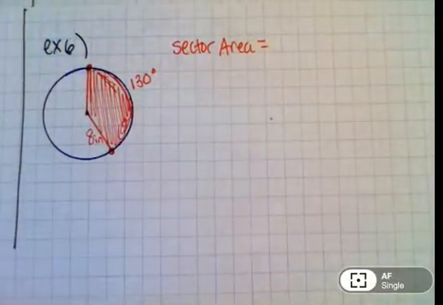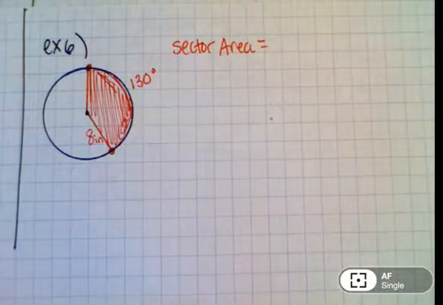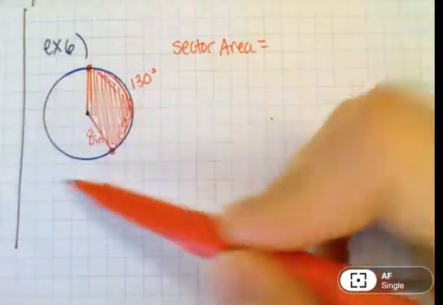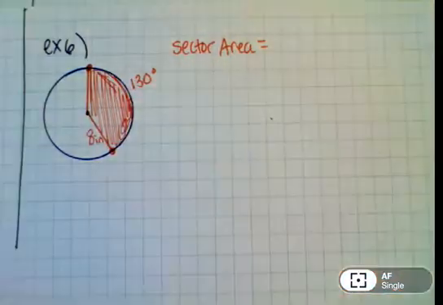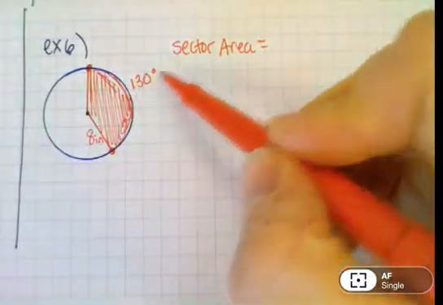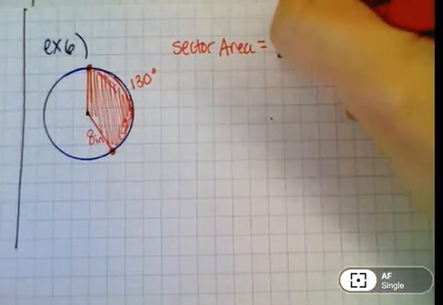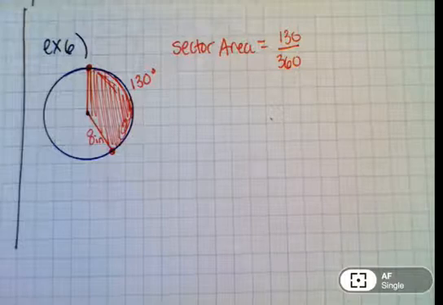The first thing that I need to do when I'm trying to find the area of a sector is figure out what portion of the circle is taken up by the sector. So in this case, it's 130-degree arc out of 360 degrees of the circle.